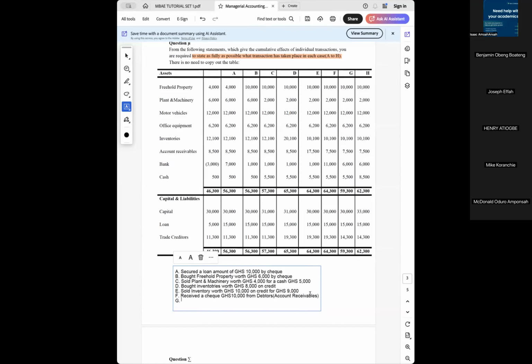So meaning we have paid a check of 5,000 to our trade creditors, making it that amount you see over there. So that's perfect. Paid a check of 5,000 cedis to trade creditors or account payables. That's all.